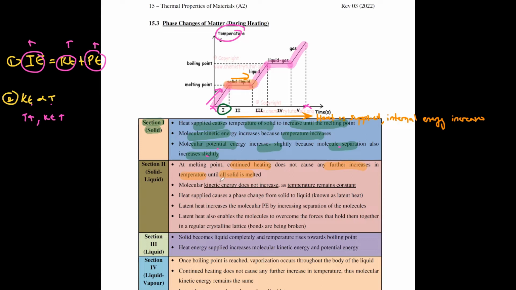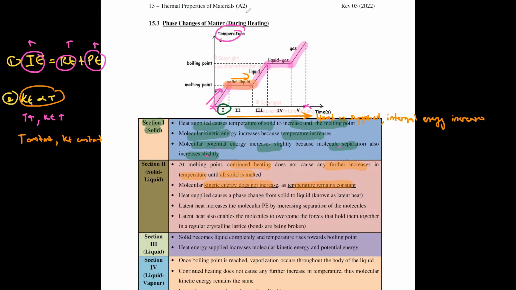At this stage here, your molecular Ke does not increase because your temperature remains constant. Just now I mentioned to you that Ke is proportional to temperature. If your temperature is constant, your Ke is obviously going to be constant, like your current case here.